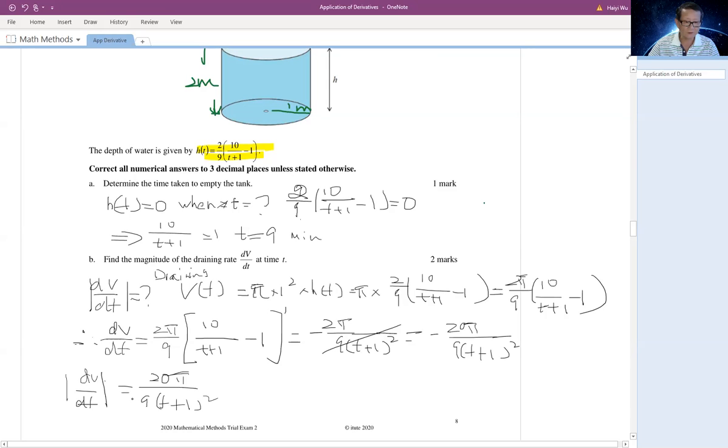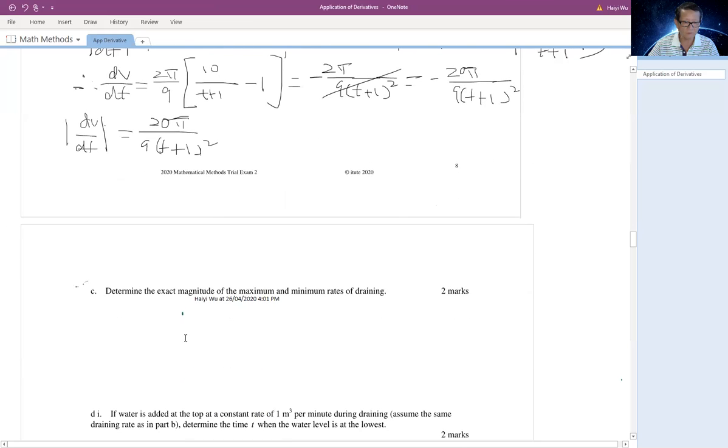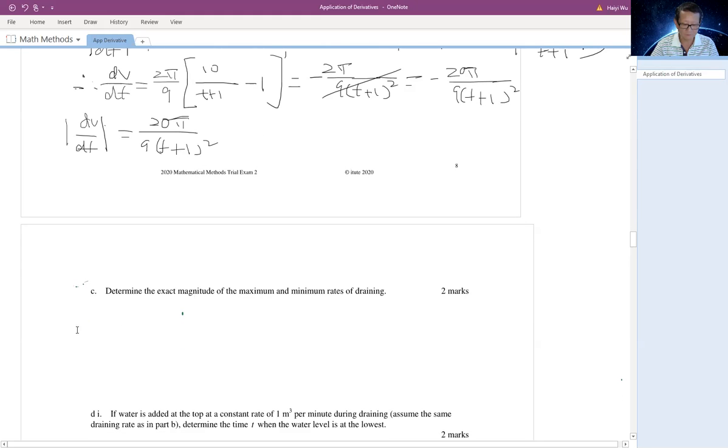So that's the second question, B. Okay, let's do the next question. Determine the exact maximum and minimum magnitude.